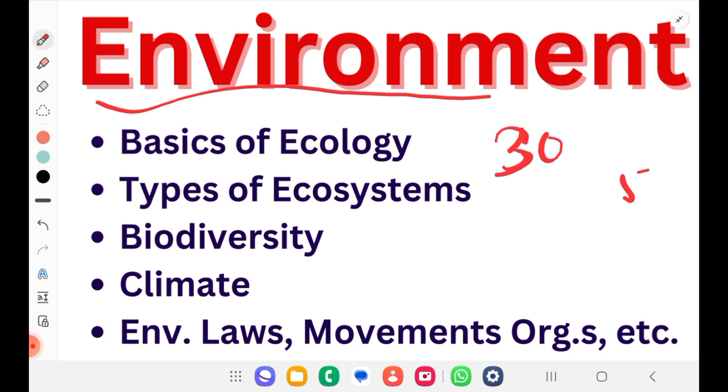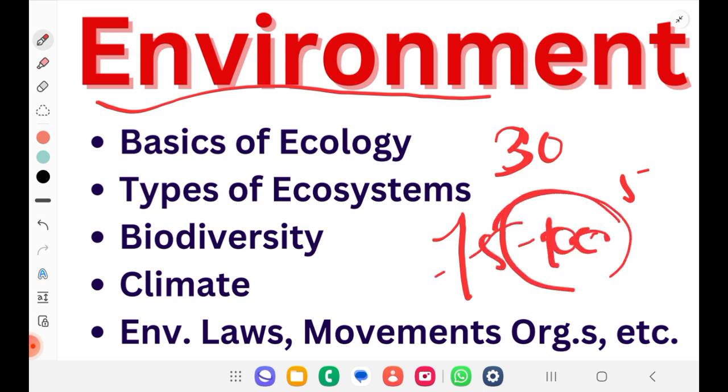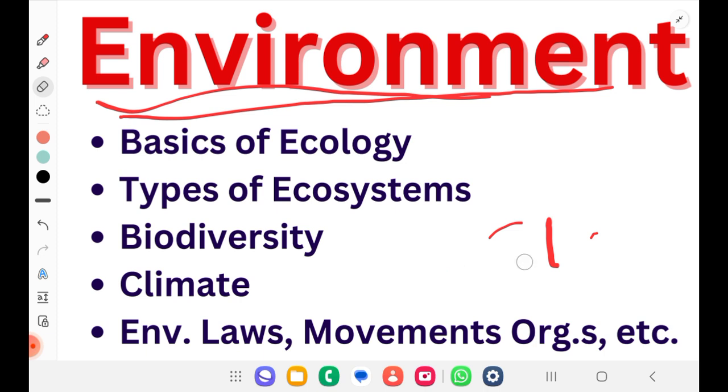If you get a good number of questions, 75 to 100 marks are a probability. So you might be able to score even 100 marks only from the subject called environment. So in view of both prelims and mains, we are starting this series. Here we will be studying both for prelims as well as mains.